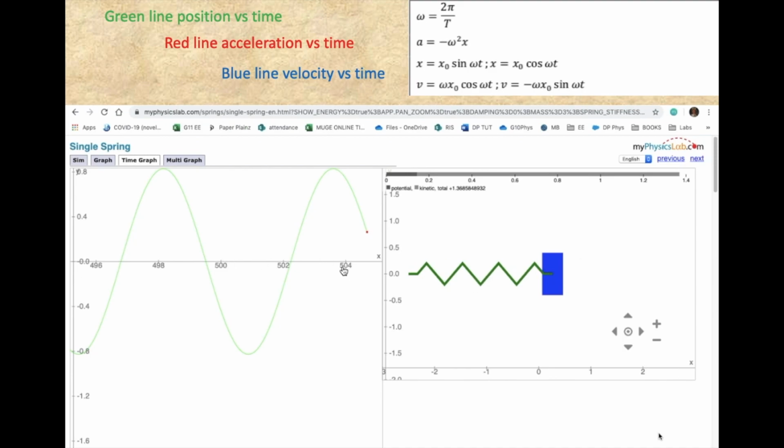If I start timing at that instant, that's when the mass is at its positive amplitude and it will have 0 speed and it will be moving back. So the function cosine or sine completely depends on when you start timing the motion. I'll let this run and you can stop and watch again as you wish.